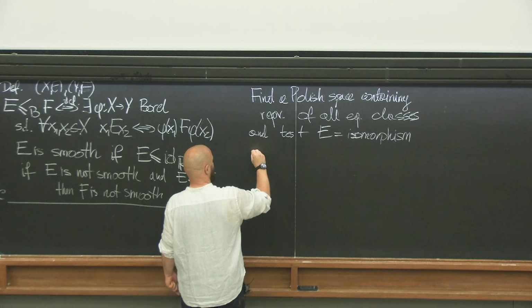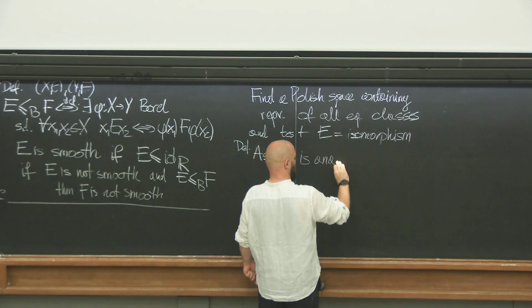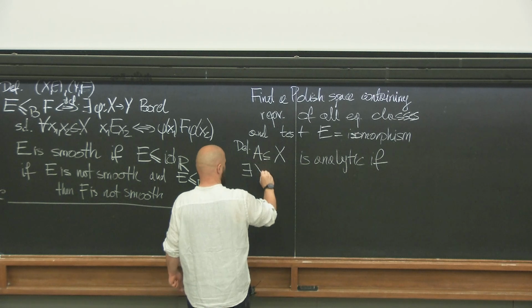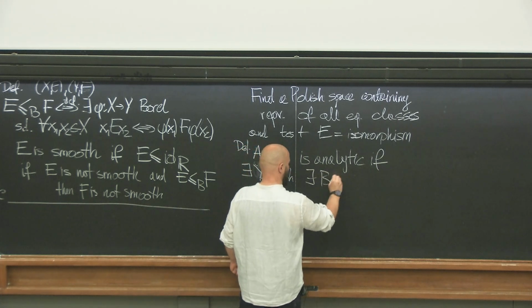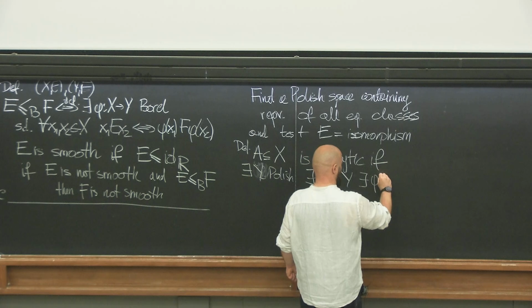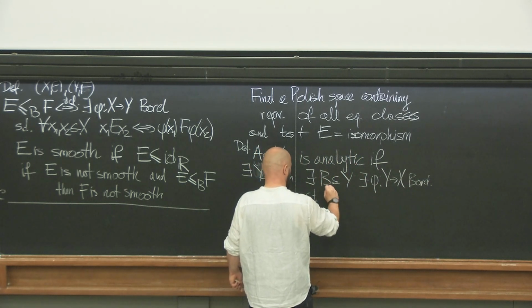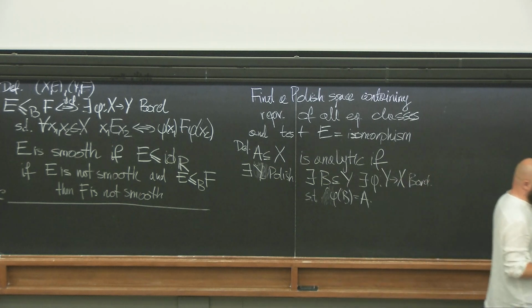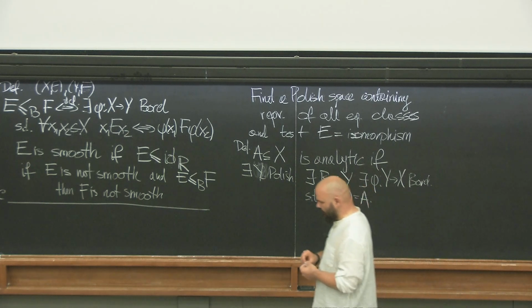A subset A of a Polish space X is analytic, that's a definition, if there exists a Polish space Y and there exists B a subset of this Polish space, and there exists phi from Y to X Borel such that phi of B is equal to A. It is a very common error to imagine that the image of a Borel measurable set through a Borel measurable function is always Borel.